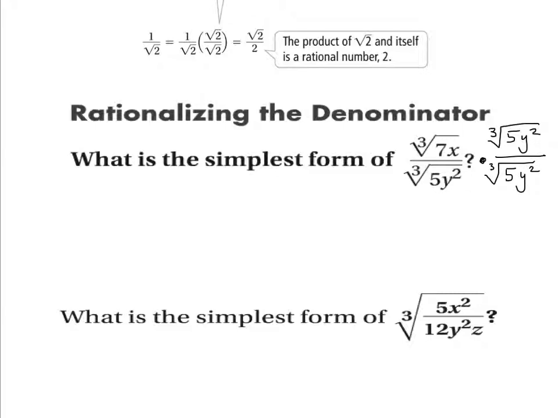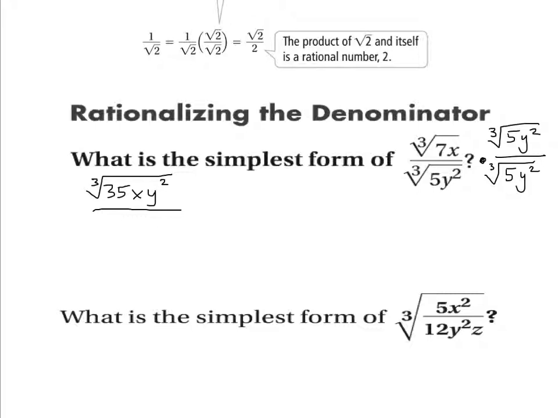And what that's going to do is, on the top, since they're cube roots, I'm going to combine these. So this is the cube root of 7 times 5 is 35, x is there and a y squared is there. On the bottom, when we take the cube root of 5y squared times the cube root of 5y squared, the cube roots are going to cancel each other out, and what's left?